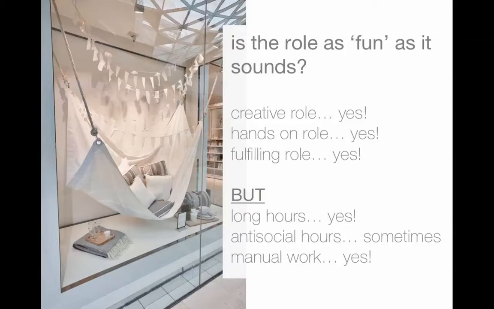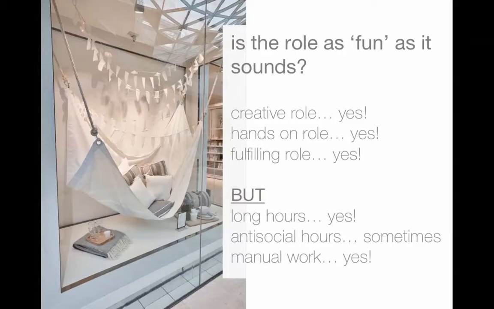So it's certainly not a 9 to 5 desk job, as something like a merchandising role might be in the fashion industry. So that works for some people, and other people think, oh, actually, I'm not sure that's for me. I have other commitments and I can't work outside 9 to 5. This is obviously very much dependent on the brands, the size of the brands, and the area of the market that they're in as well.